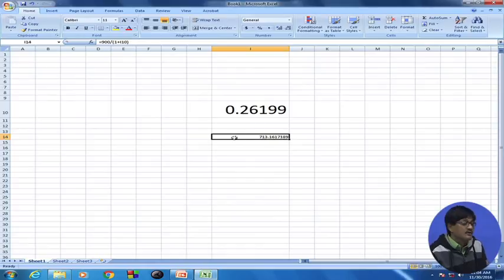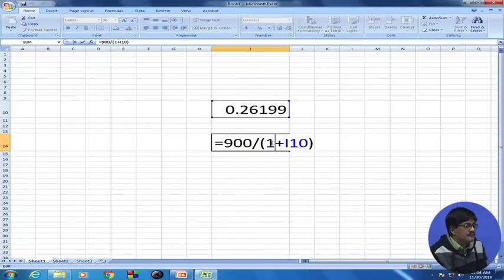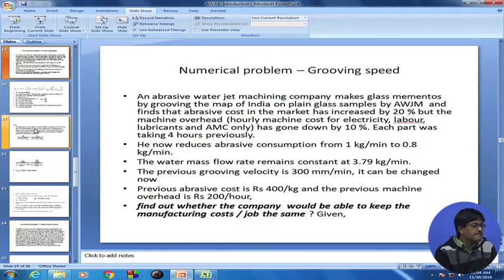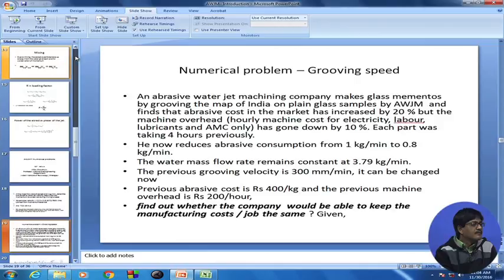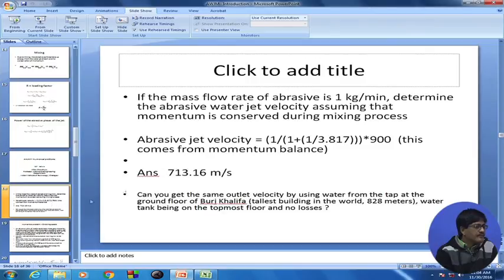It is too small. How do I increase it? Let us see. This is equal to 713. So, this way we can find out the final abrasive water jet velocity from the initial velocity, 713.16 meters per second.